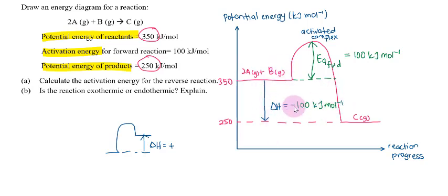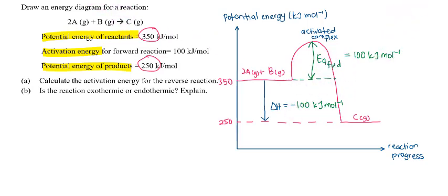Why do we need to put the negative sign here? Because this reaction is an exothermic reaction and the enthalpy of reactants is higher than the enthalpy of product. The delta H is the enthalpy of product minus the enthalpy of reactant, so 250 minus 350 gives negative 100 kilojoule per mole.